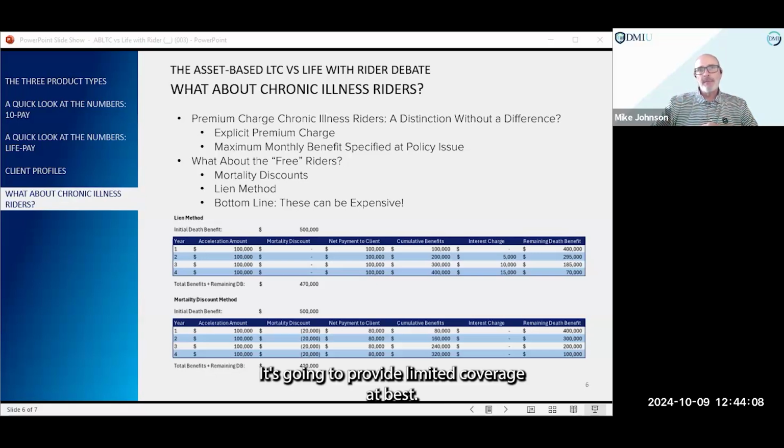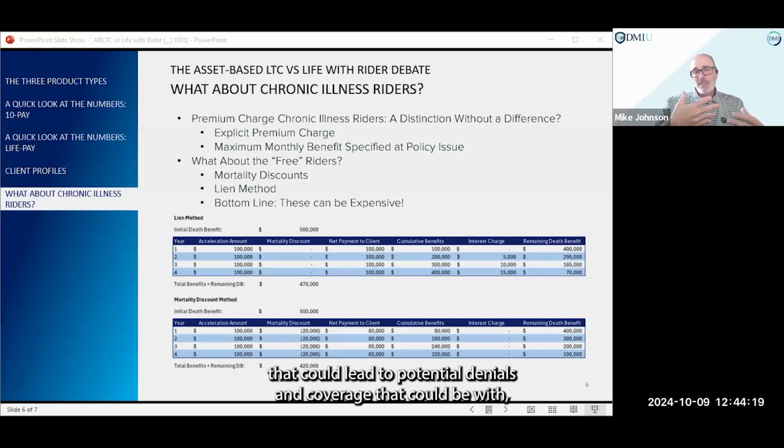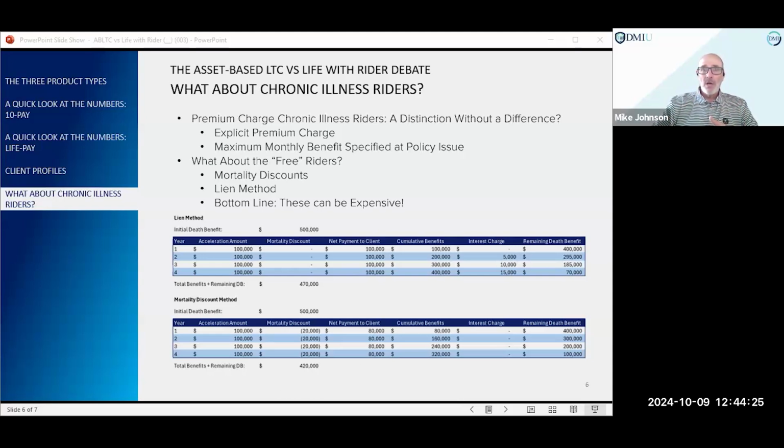It's going to provide limited coverage at best, and in all likelihood, it's going to fall short of your client's needs. And then also waiting to buy LTC protection could lead to potential denials of coverage. That could be with deteriorating health conditions or pre-existing conditions that might preclude them from coverage.